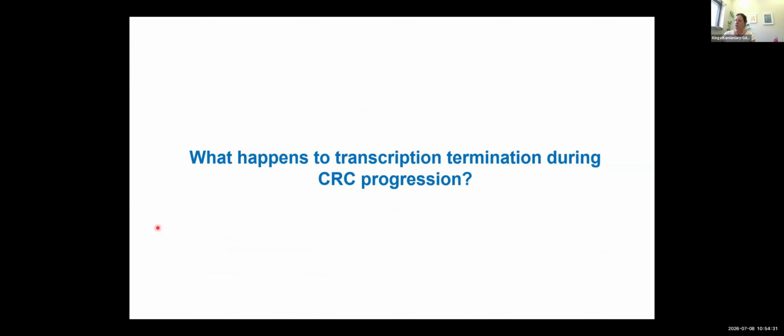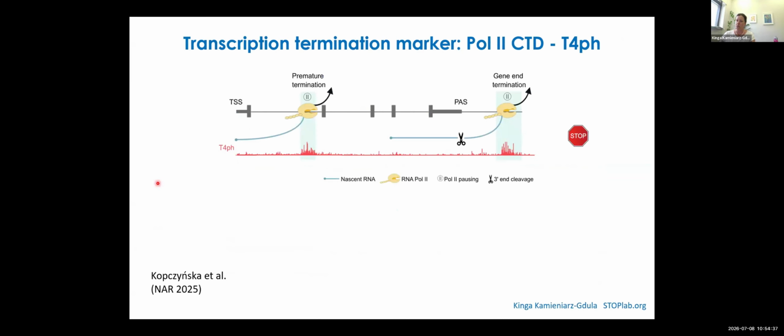So we turned to look in more detail at transcription termination, and the method that we particularly like in the lab was developed by my colleague Takanori Ima when we were both postdocs in Nick Proudfoot's lab.